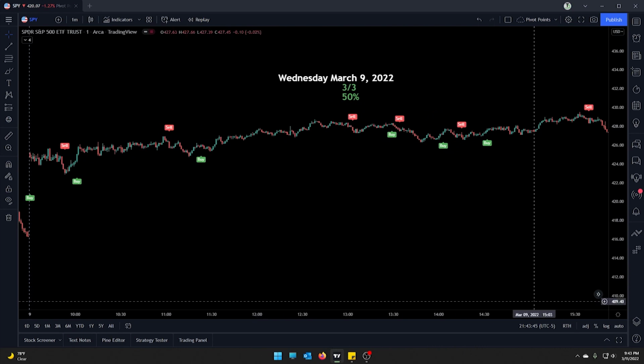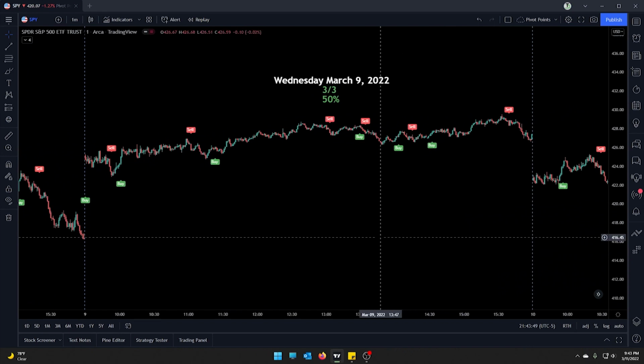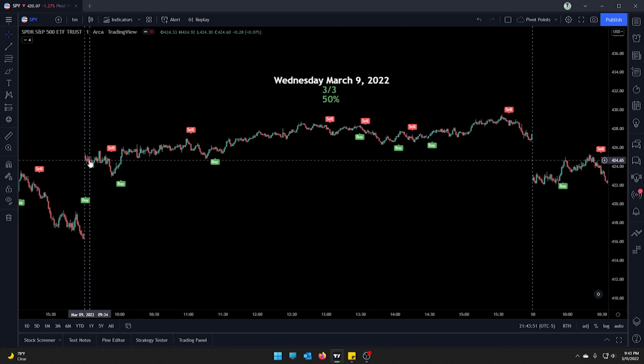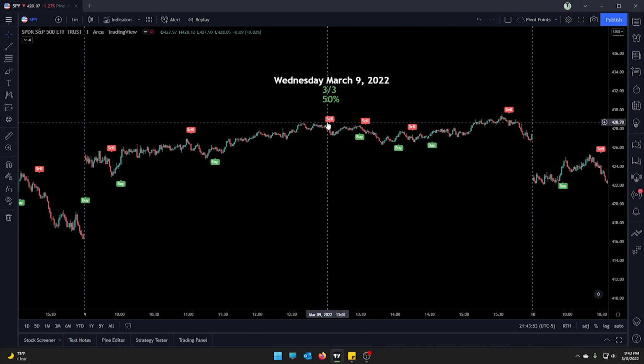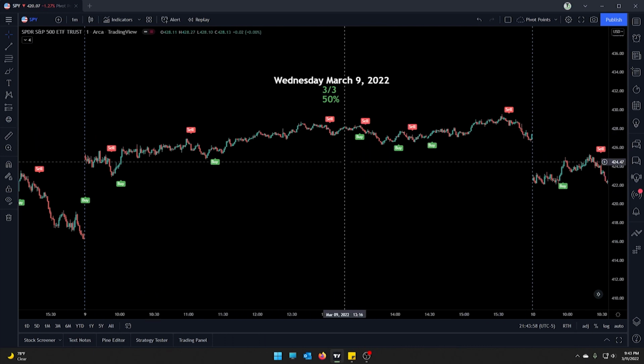This day was a very sideways trading type day. This one fortunately caught the decent moves of the day for the most part, because this particular day, I remember this day vividly, was a theta killing day.